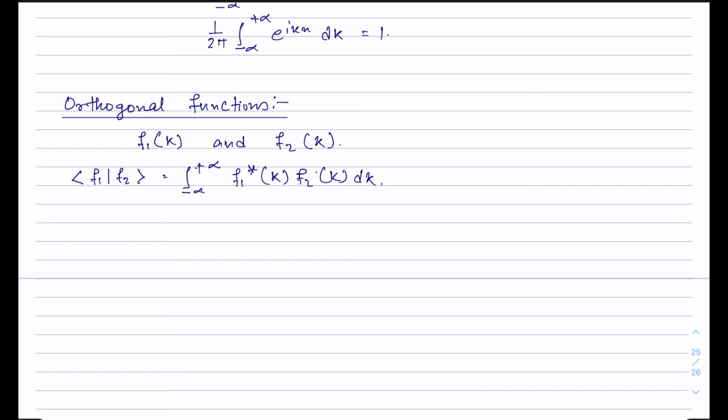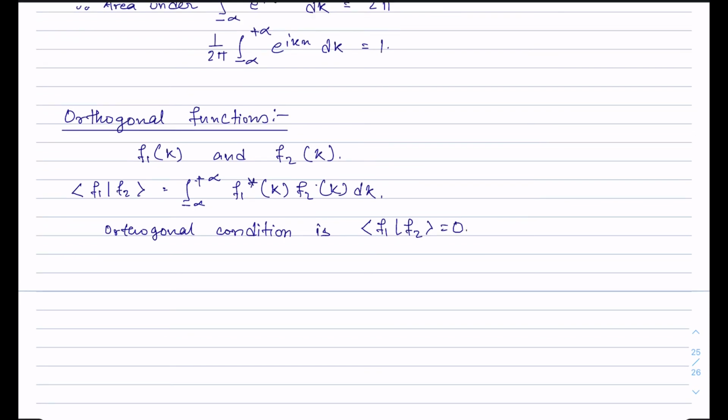Now f1 and f2 will be orthogonal to each other if this inner product is equal to 0. So the orthogonal condition is that this inner product of f1 and f2 is equal to 0.